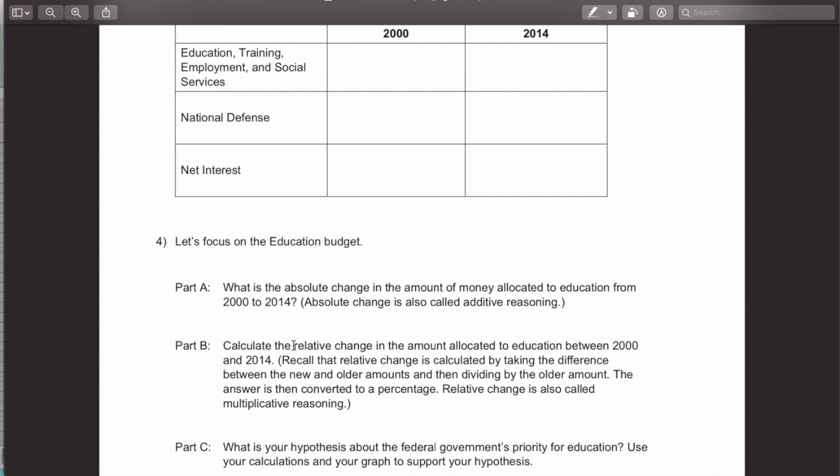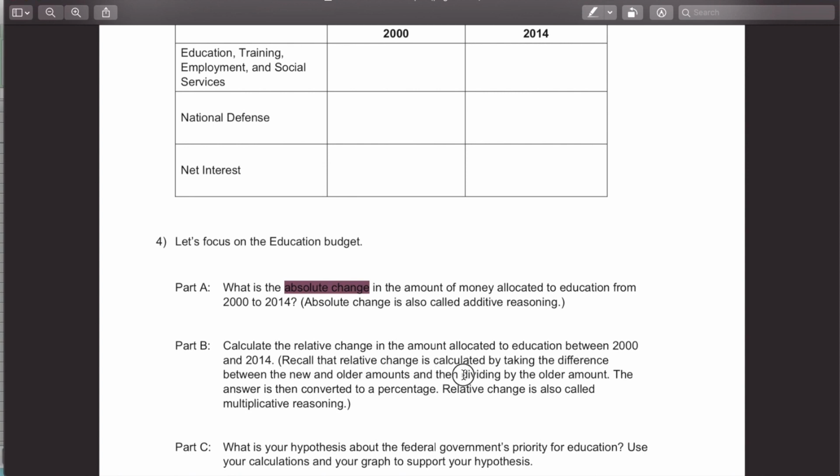So the idea here of relative change is we want to compare to what we started with to see how much of a big deal that amount of change actually is. So what we do, there's instructions here, is we're going to take the difference between the newer and older amounts. That is the absolute change, right? So you're already going to have that from before.